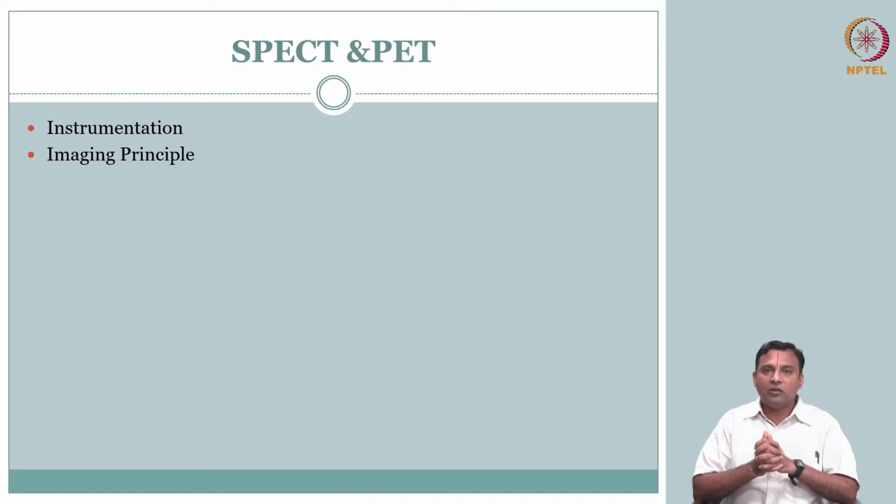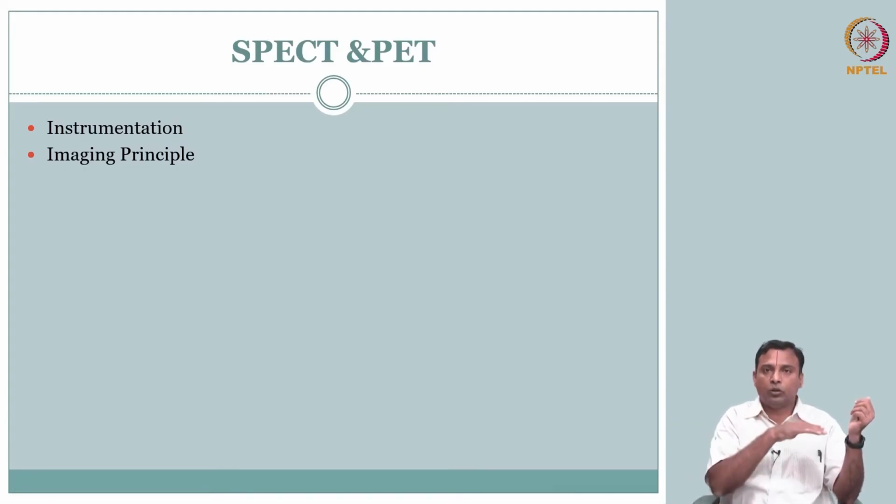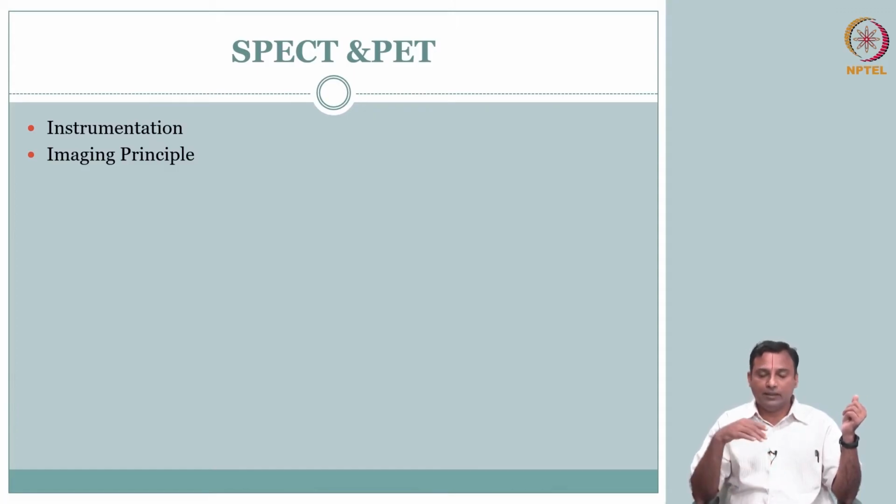Okay, welcome back to the next module. It is time we move on from planar scintigraphy to the other two nuclear medicine modalities, which are SPECT and PET. So, if we have to draw an analogy to what we did in X-ray based modalities, we first did X-ray physics, then we covered X-ray projection radiography, and then we talked about getting the tomography, the slice.